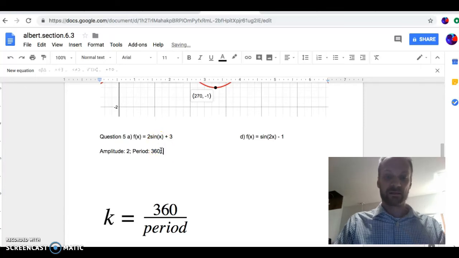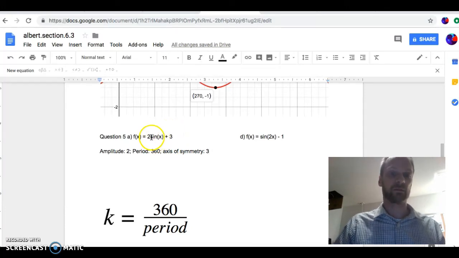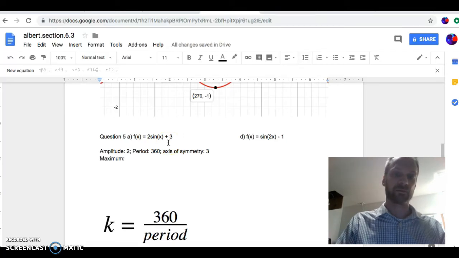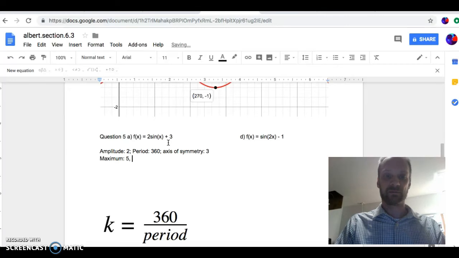And then finally the axis of symmetry, which is a fancy word for the middle, is 3. It's right there. That's just the middle value. And so I also could say that the maximum, you don't have to say this in this question, is 5, and the minimum is 1.